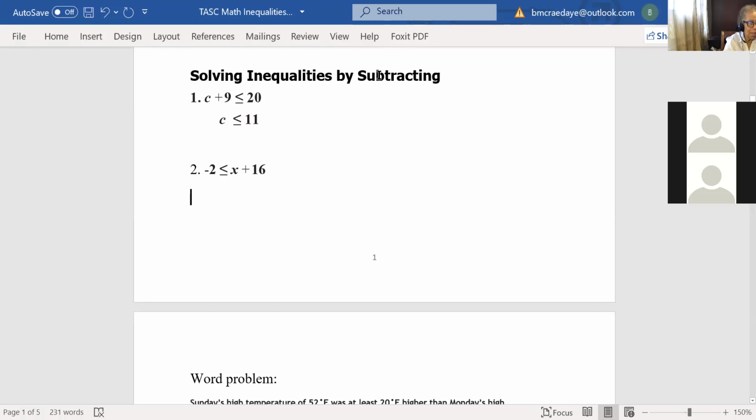Let's see. This is adding 16, so what would you do? What would you subtract? 16 from both sides. Okay, subtract 16 from both sides. Very good. Now, what would that give you on the left side?